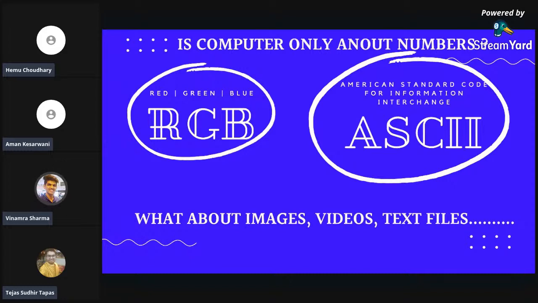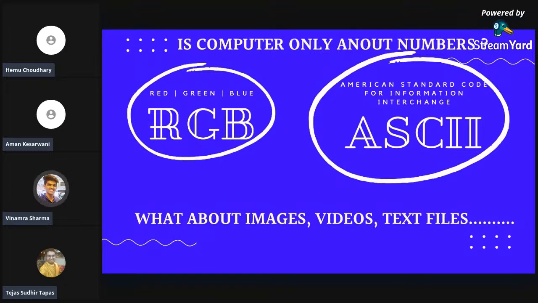What the computer is actually doing is dividing things into smaller substances. When you see an image, what really is an image? An image is a collection of pixels. I guess you are all aware of chemistry: small elements and particles combine together to make a molecule.